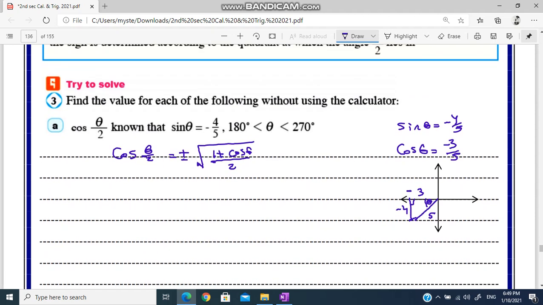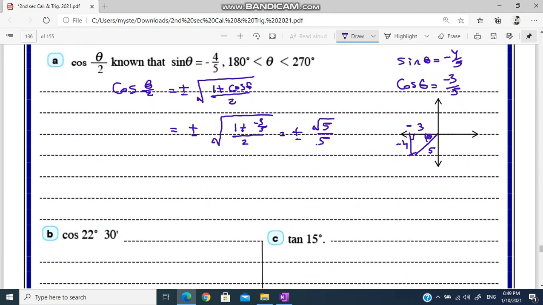So it will be positive or negative root of (1 plus negative 3 over 5) over 2, which equals positive or negative root of 1 over 5, which equals root 5 over 5. So cosine theta over 2 equals positive or negative root 5 over 5.